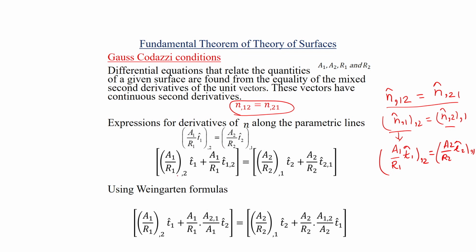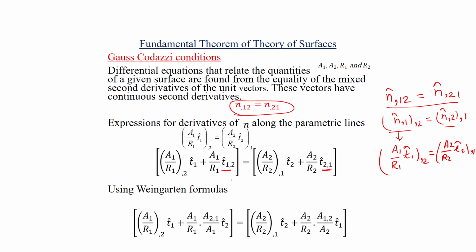So, first function derivative with respect to 2 T hat 1 plus first function as it is derivative of 1 comma 2, then A2 by R2 derivative 1, T2 remains as it is, and then next time using the chain rule of differentiation, first term as it is, differentiation of second term. Now, we know what T hat comma 1 2 and T hat comma 2 1 are.